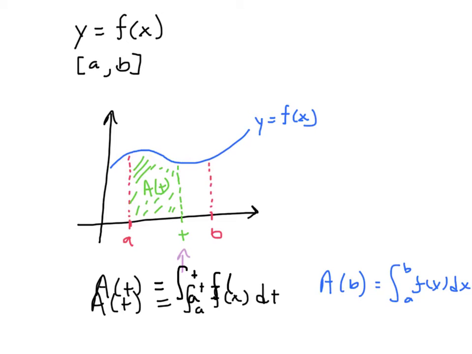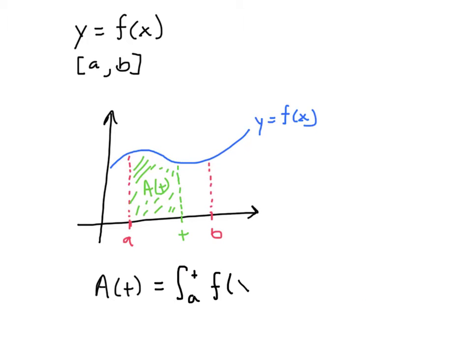This would be the definite integral with a as the lower limit, t as the upper limit of f of x dx. So specifically, if we wanted to find the area of the entire region between a and b, we would write that like this. Area, capital A of b, would be the definite integral from a to b of f of x dx.